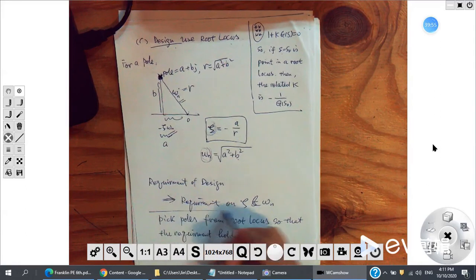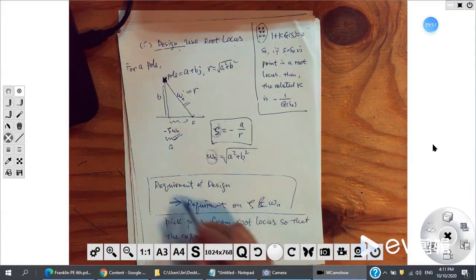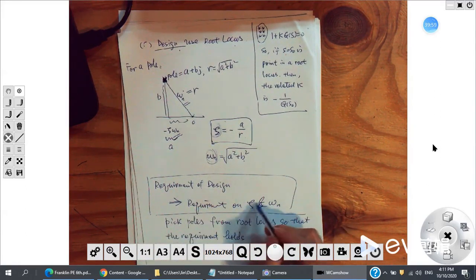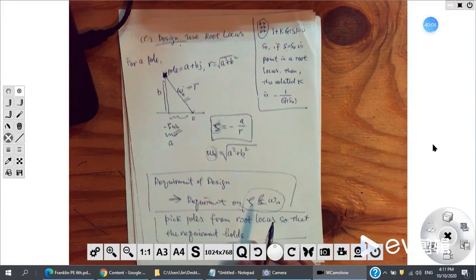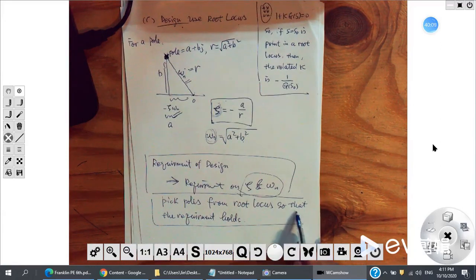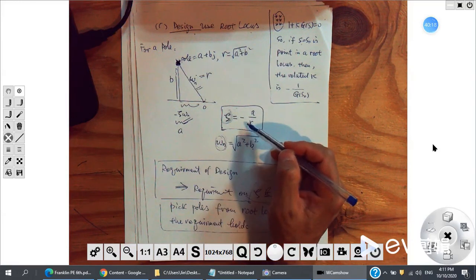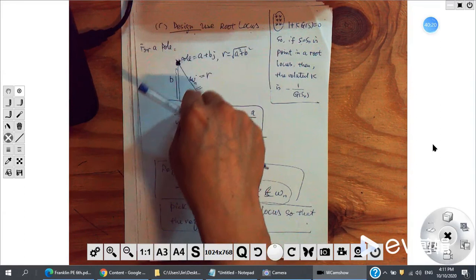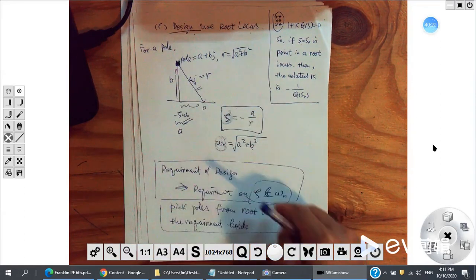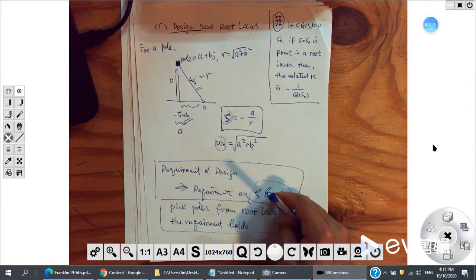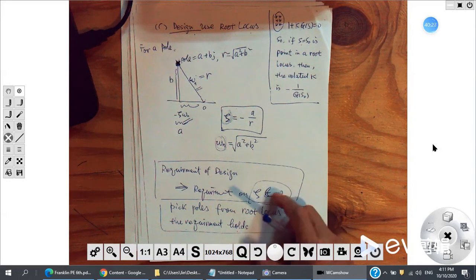So when you want to design, you have a requirement. Then change it to be a requirement on omega n and zeta, and then pick poles from the root locus so that the requirement holds. Every pole has its omega n and zeta. Then you pick a pole and check, are they satisfying the requirement? Yes, okay, you got it. No, then you need to pick another pole.